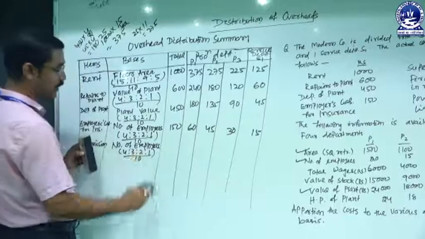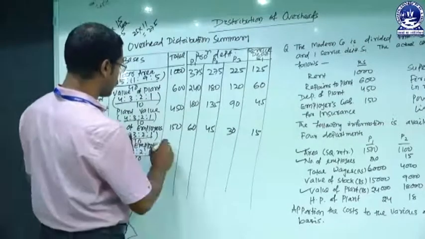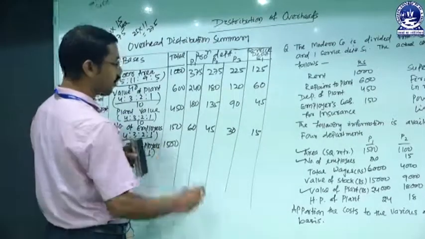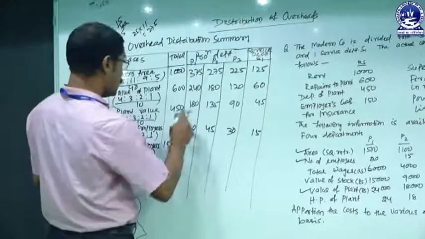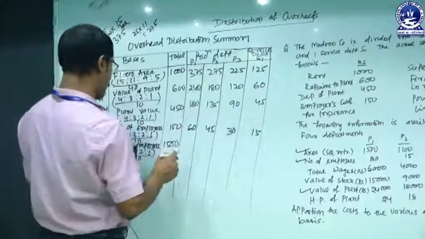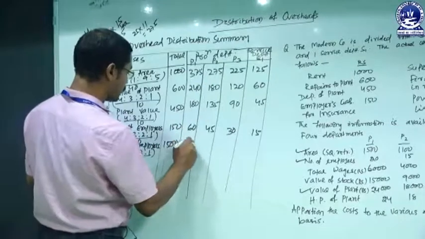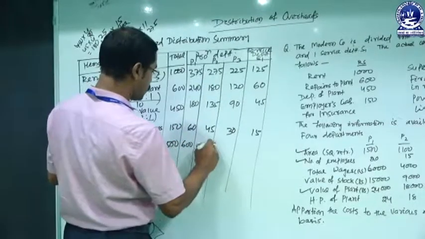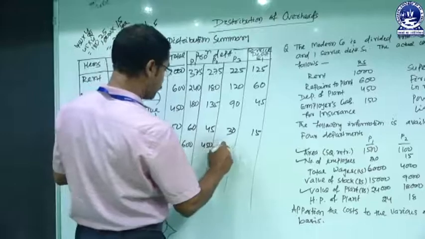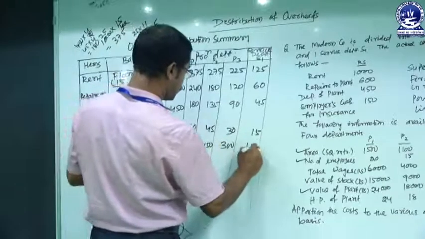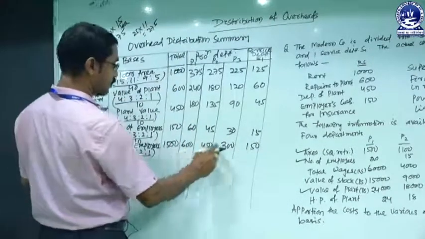Sum of the ratio is 10. The amount of expenses relating to supervision is 1500. So the allotment to department P1 is 600, department P2 450, department P3 300, and S1 150.